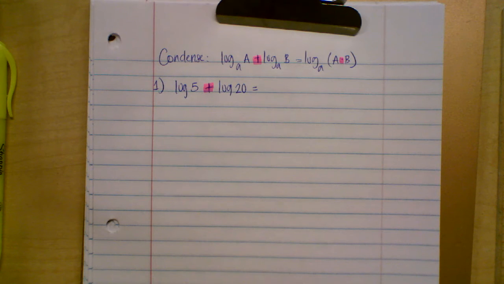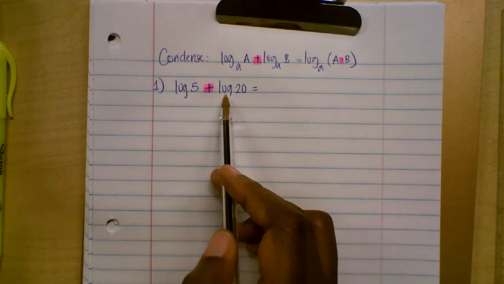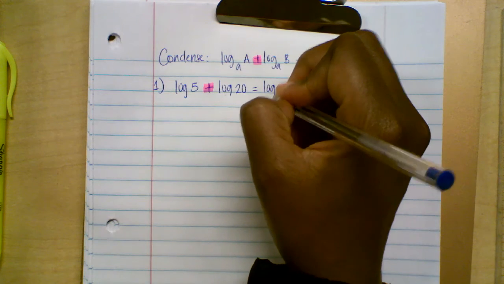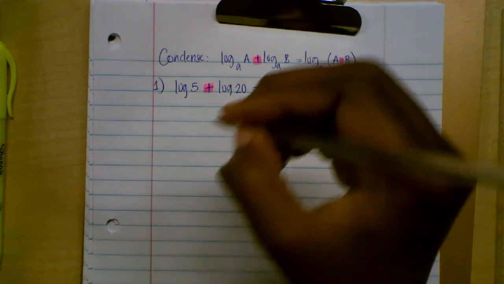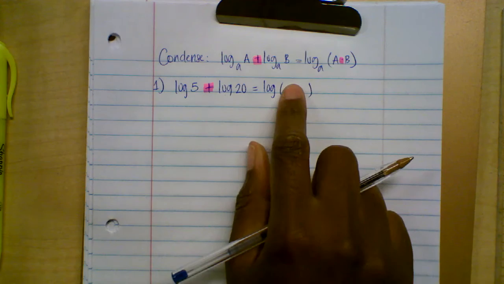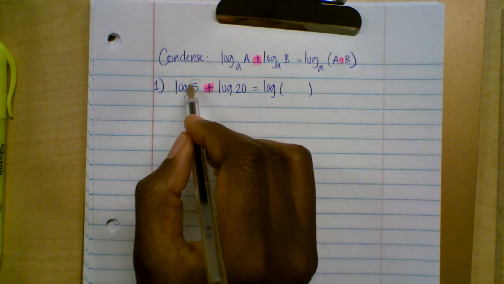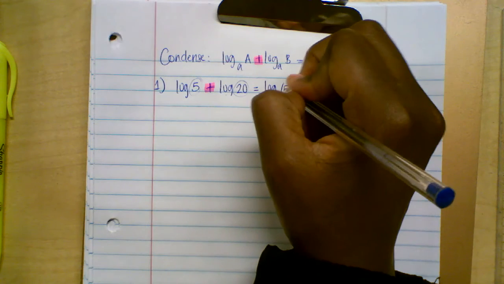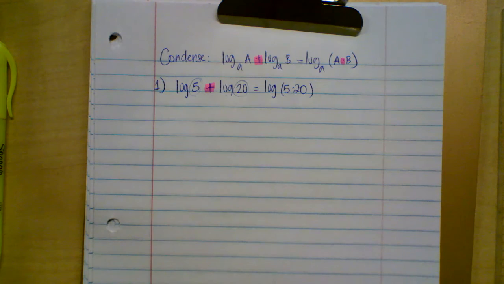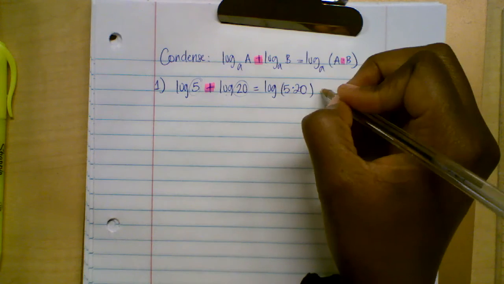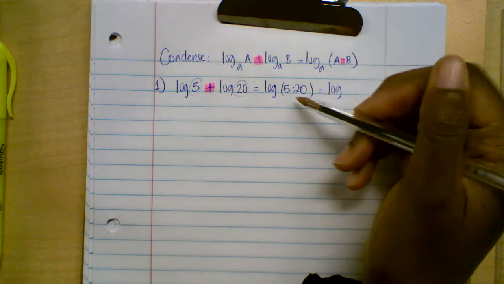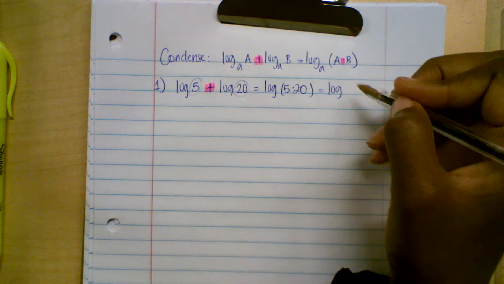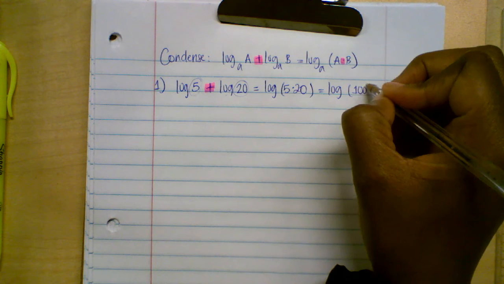So I'm going to start with the common log of, in parentheses, the 5 and the 20 multiplied together. 5 times 20 is 100. So the common log of 100.